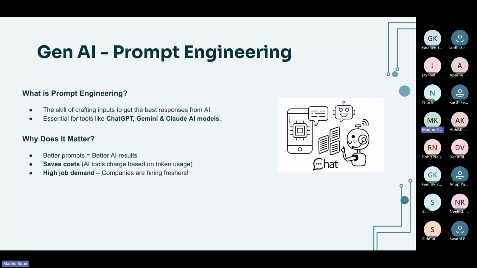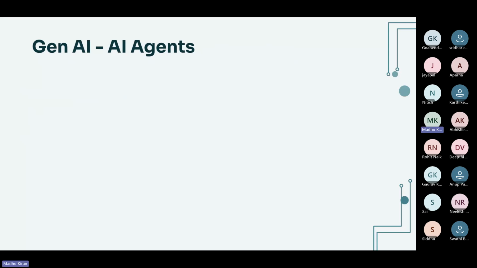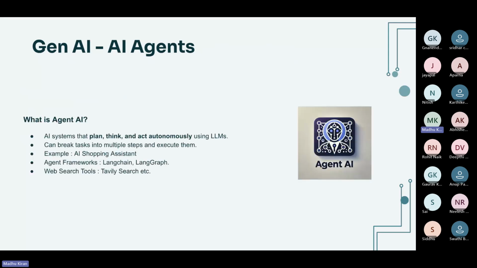And then agents. So right now, the whole market is with agents. All the companies are shifting towards agents because agents are the ones which can plan and act autonomously using LLMs. They can break tasks into multiple steps and execute them.